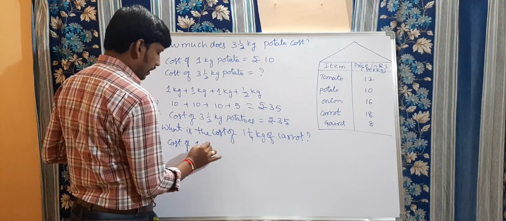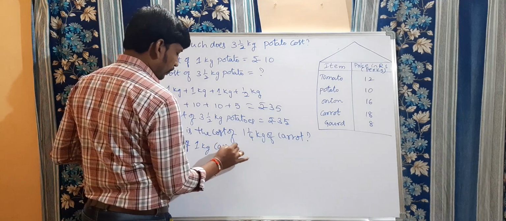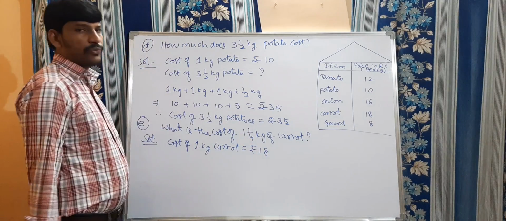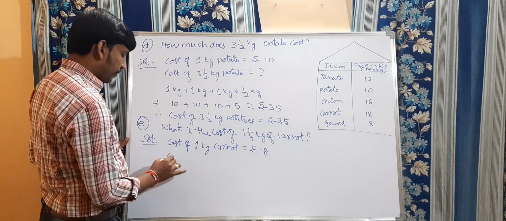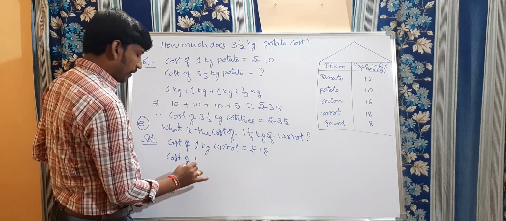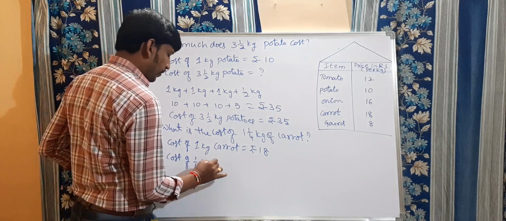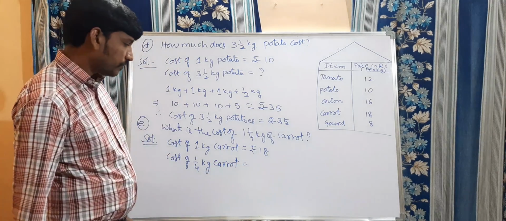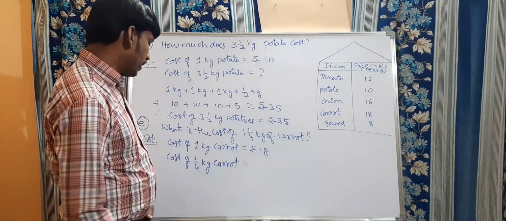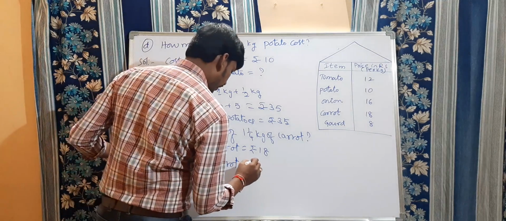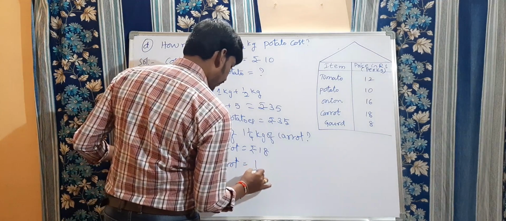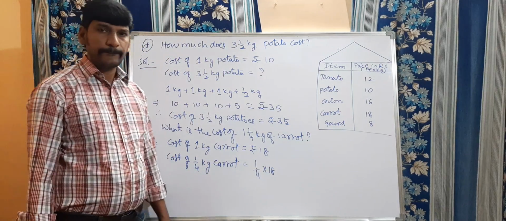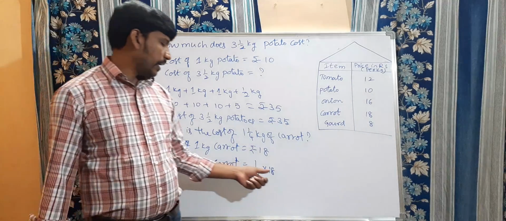So now the solution. The cost of 1 kg carrot is rupees 18. Now we need to find 1 by 4 kg. The cost of 1 by 4 kg carrot is 1 by 4 into 18. So we should divide 18 by 4.